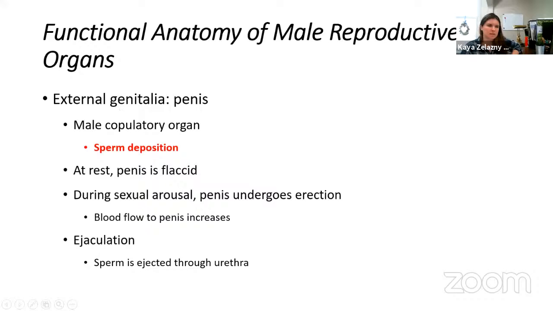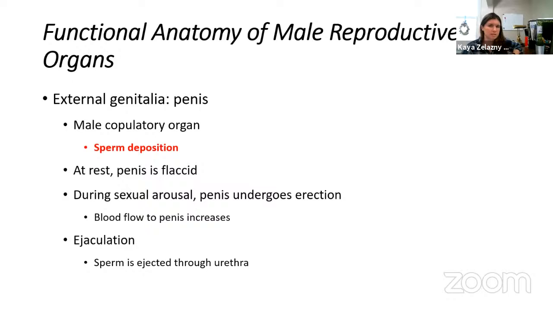So once the sperm have been produced, they're going to travel through the epididymis, the vas deferens, and the urethra, and the urethra is going to be going through the penis. So the penis is the male copulatory organ, and it's specialized for sperm deposition.